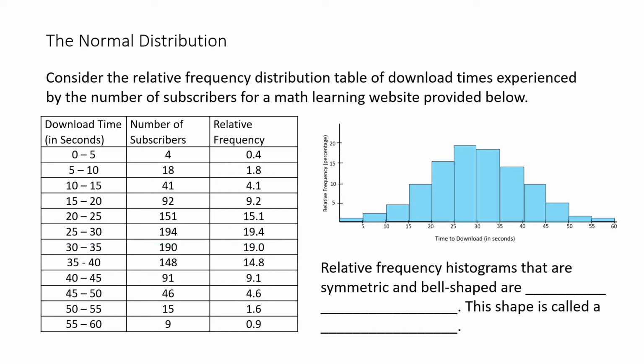That relative frequency distribution table is also presented for you as a histogram. Notice that the shape of this histogram is bell-shaped. Relative frequency histograms that are symmetric in bell shape are normal distributions. This shape is called a normal curve.